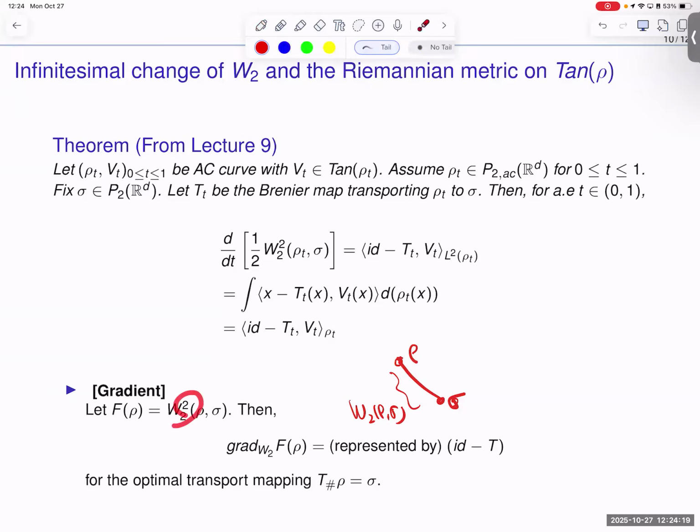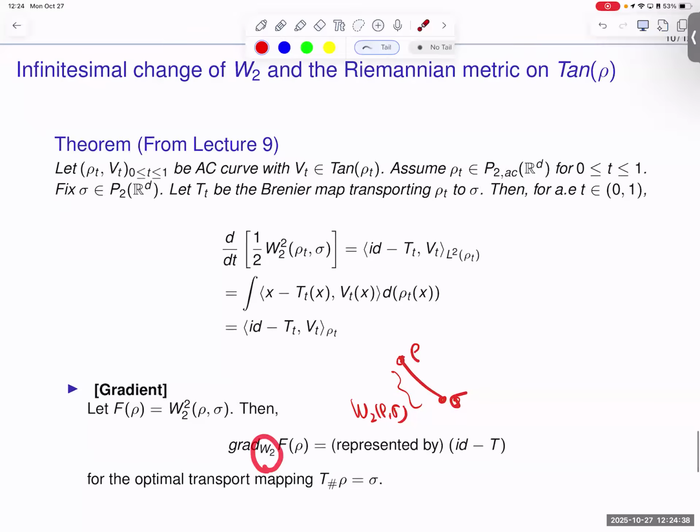Let's consider the function here, which of course depends on rho, just given by the Wasserstein distance squared from the fixed measure sigma. Then what should be the gradient of such a function with respect to this Wasserstein metric? So what is the W2 gradient of W2 squared?